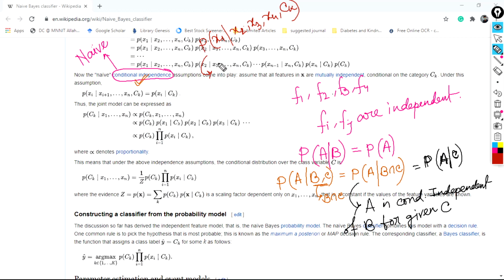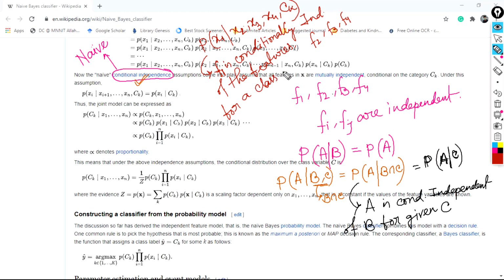So feature f1 is conditionally independent of the features f2, f3, f4 for a given class label CK.